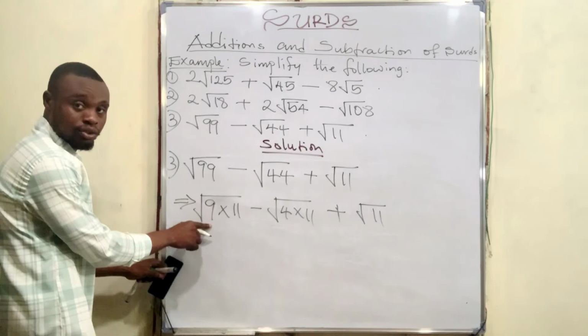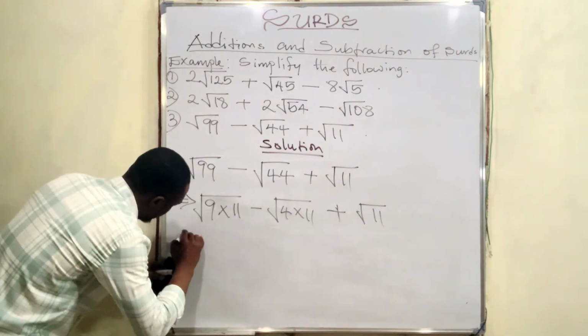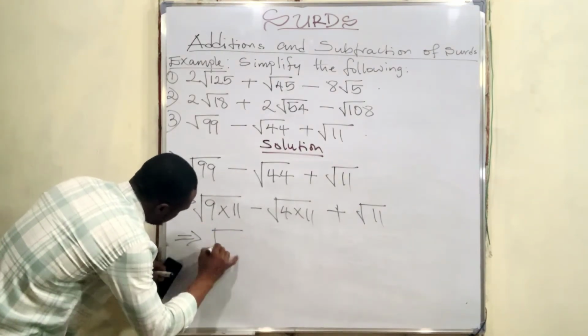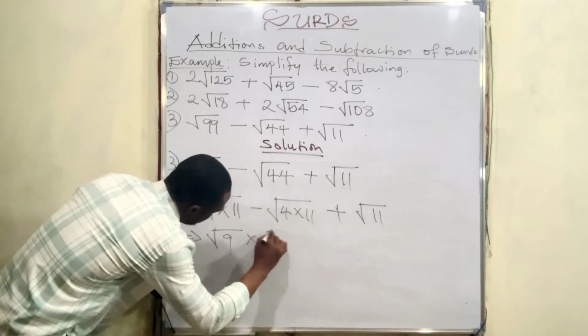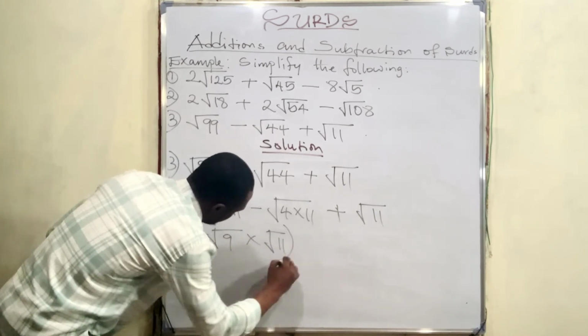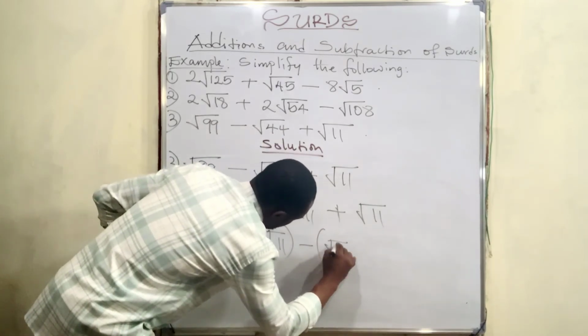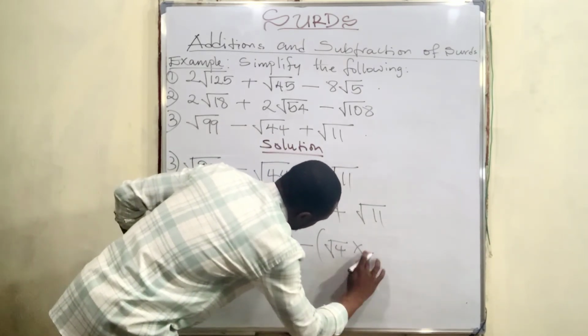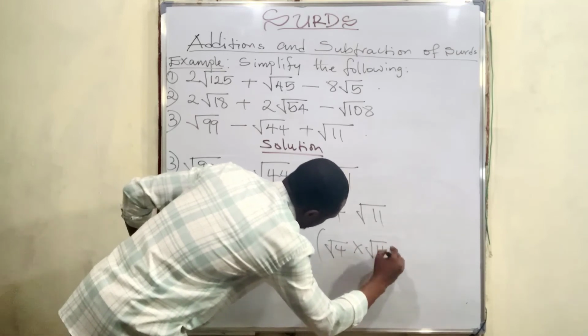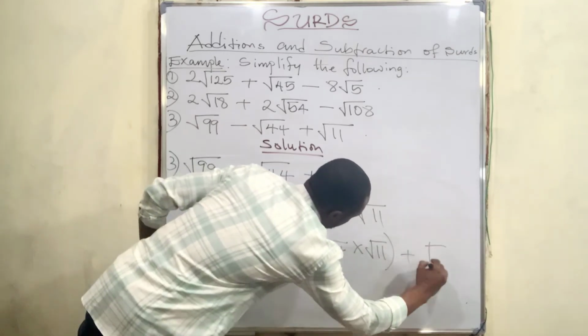Now, root 9 here is, if we split these roots, we have root 9 times root 11 for this bracket minus this bracket, the root of 4 times the root of 11, close bracket, plus the root of 11.